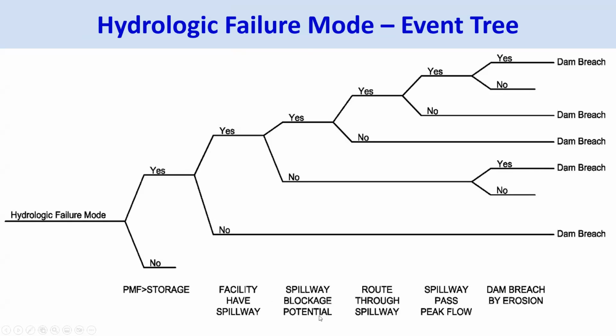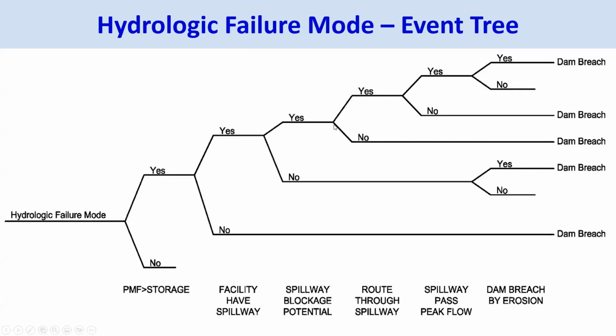If the spillway is blocked or has a potential blockage, then we follow this branch and route the flow through the spillway. If the spillway capacity is exceeded, then we immediately follow this branch, and the tool tells you that the tailing dam is going to fail because the spillway is not able to route the excess flow from the tailing dam.